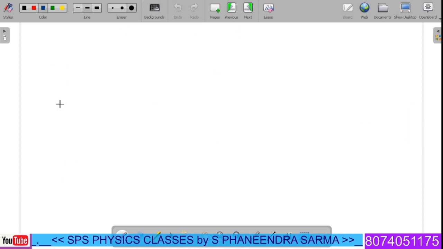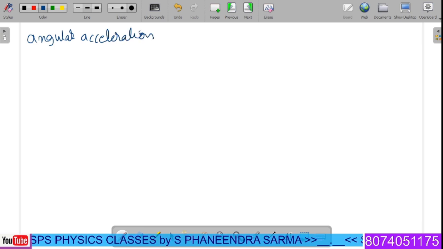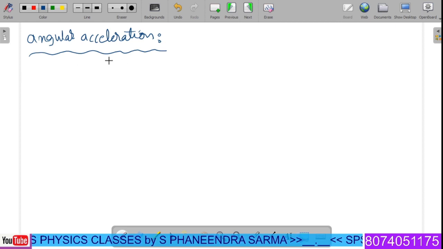Now let us consider the next case, angular acceleration. Angular acceleration has the symbol alpha.